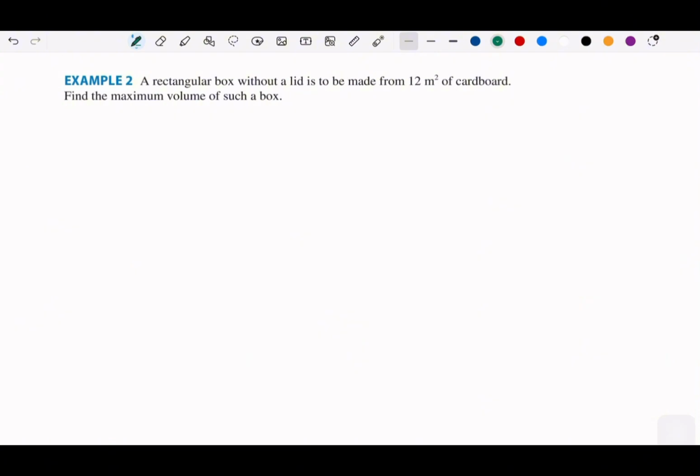So suppose the volume of the box, let's say we want to maximize xyz, but remember our constraint is 12 square meters, and the box is without a lid.